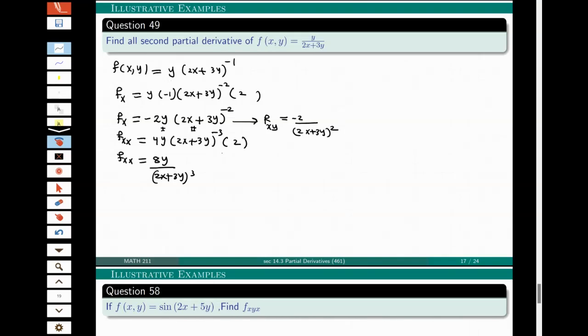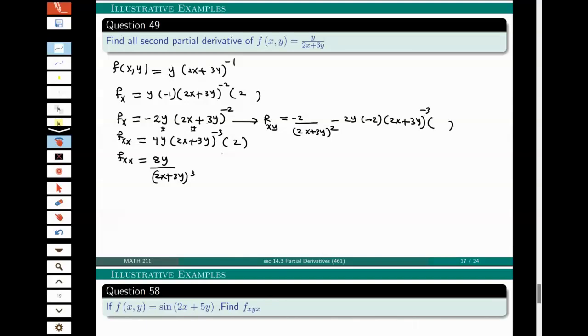Okay, plus the first one, which is minus 2y, times the derivative of the second, which will be minus 2, 2x plus 3y raised to the power minus 3.